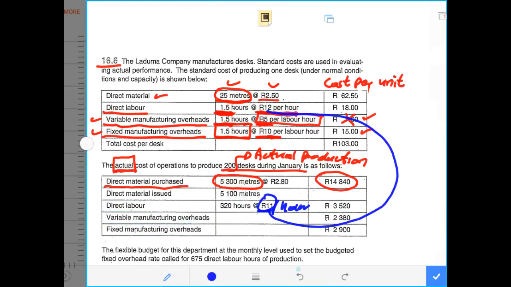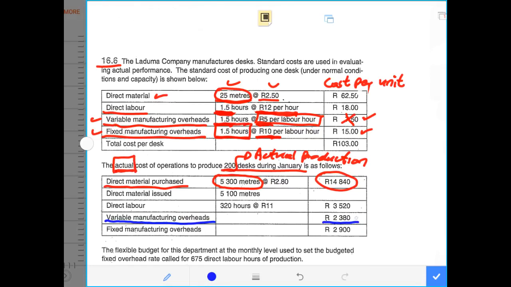We are then provided with the next part, which is our variable overhead. Our variable overhead is given to us in total as 2,380 rands. And now we have to calculate, in this case, the actual variable overhead cost per labor hour, because I said to you that our variable overheads are based on labor hours. Therefore we need to determine the actual variable overhead cost per labor hour.